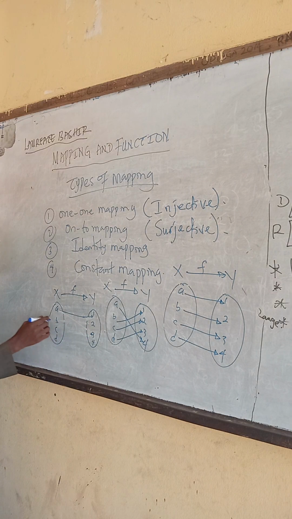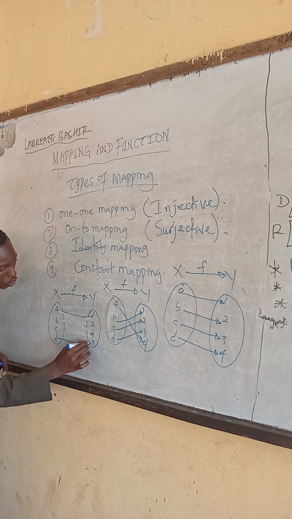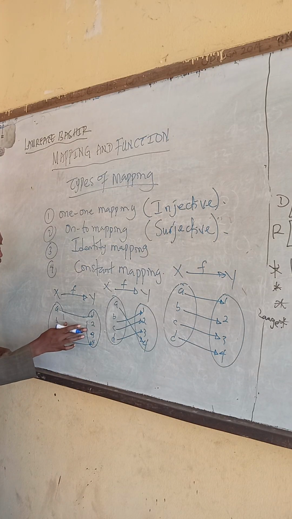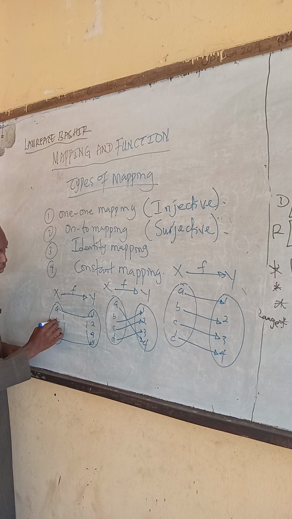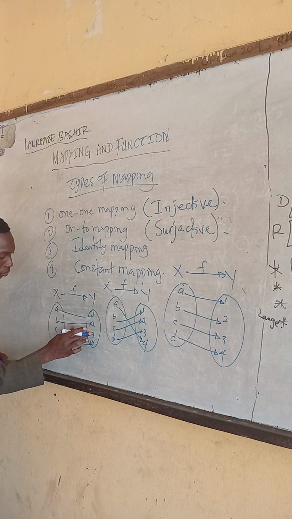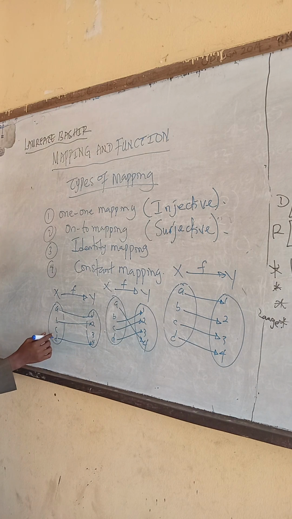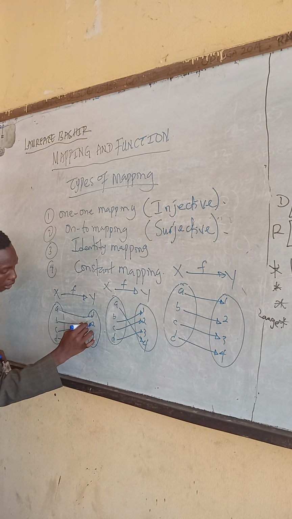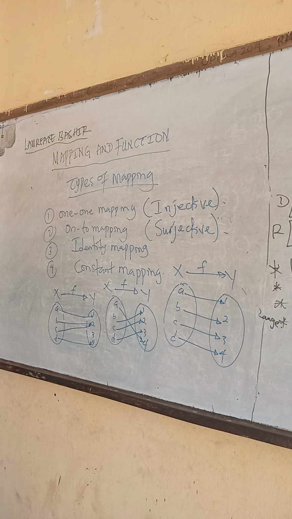So this produces this, right? Then this also produces this. Then this produces this. That's the first example that I will give.